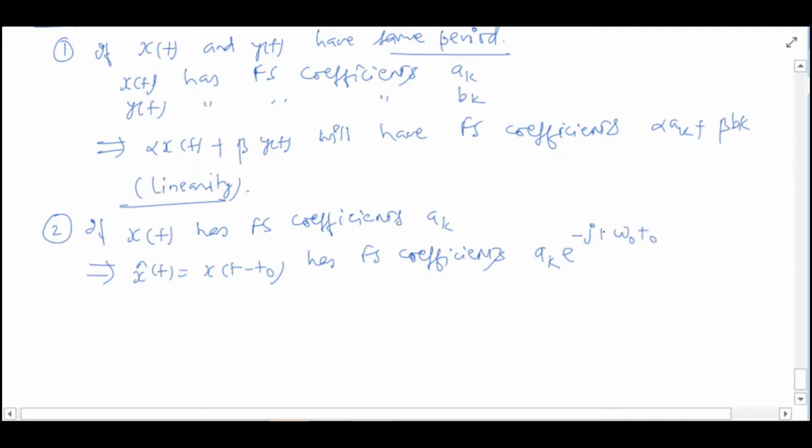So we see that the time shift reflects in the exponential here. So this was time shift.